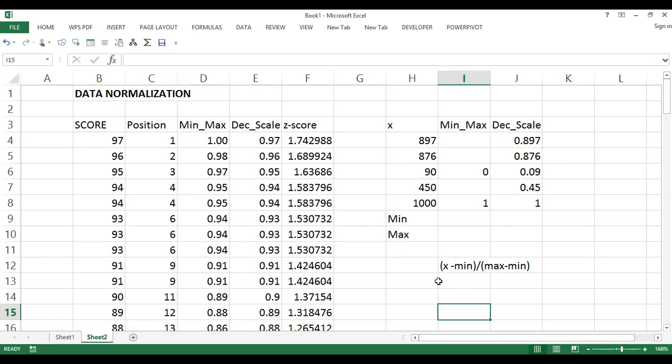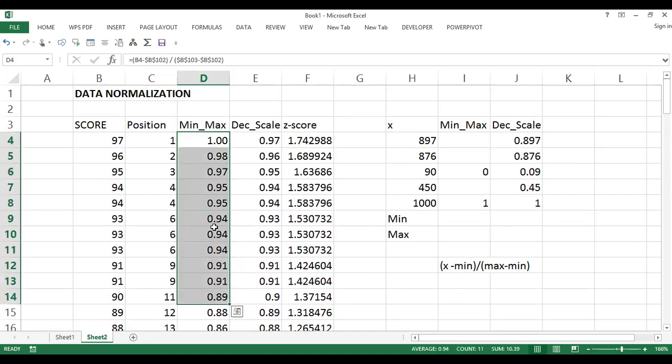Okay, but I'm just trying to explain to you that when you transform data, nothing is lost. There's no loss of value. Why?